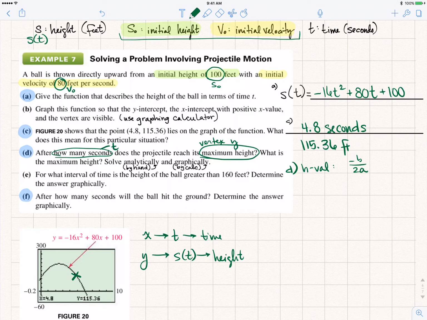So we have negative b, that's going to be negative 80, divided by 2 times my a, which is negative 16. If you reduce that, you're going to get 2.5. So to answer letter D's question, after how many seconds does it take to reach the maximum? It takes 2.5 seconds to reach the maximum.